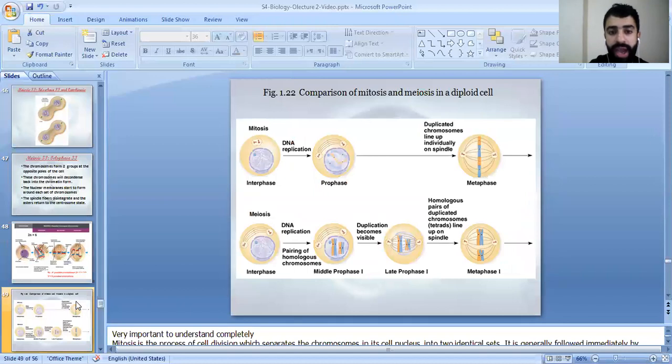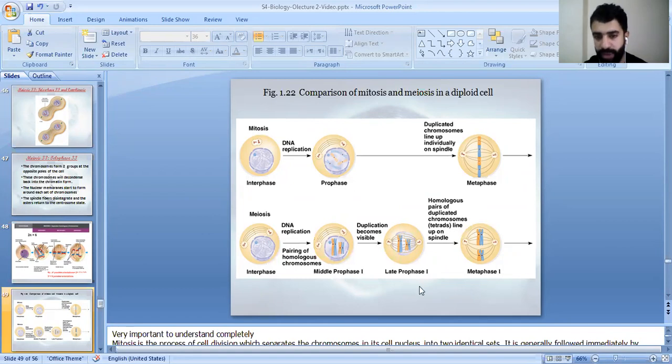And then we have this comparison between mitosis and meiosis in the diploid cell. In mitosis, after interphase, we have prophase and metaphase, where the chromosomes line up at the middle of the cell. While in meiosis, after interphase, we have prophase 1, with pairing of homologous chromosomes, forming what's known as tetrads.